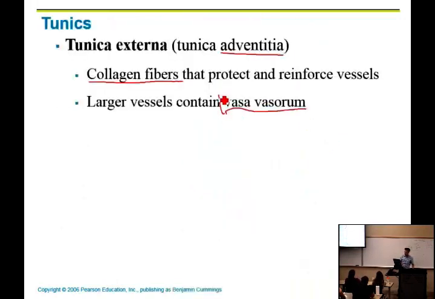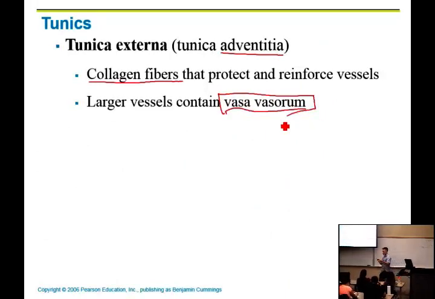But this thing that we see here, the vasa vasorum, most blood vessels, right? A blood vessel technically counts as an organ, right? So if we say this is an organ system, the cardiovascular system, a system is made up of a bunch of organs working together for a particular function. So if I ask you to name the organs of the cardiovascular system, you say heart, and then you're like, oh, right?